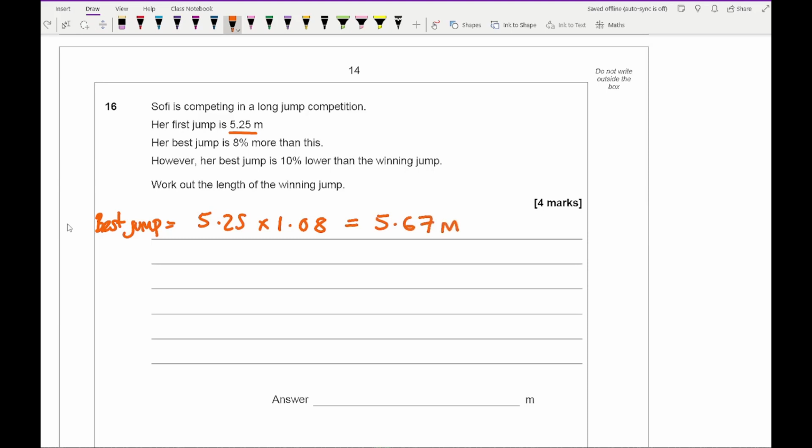Now in terms of the winning jump, well, that was 10% lower than her winning jump. So what we then need to do is do 5.67 divided by 0.9, because it's a 10% decrease, and typing that all into my calculator, I get an answer of 6.3 meters.